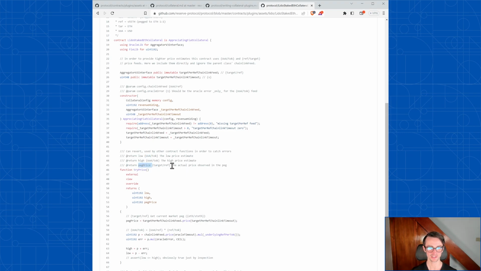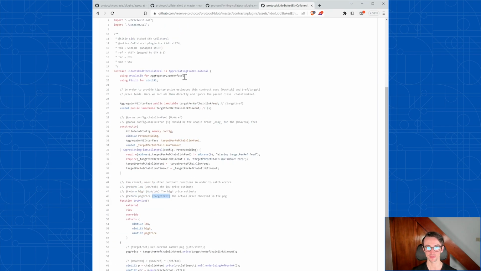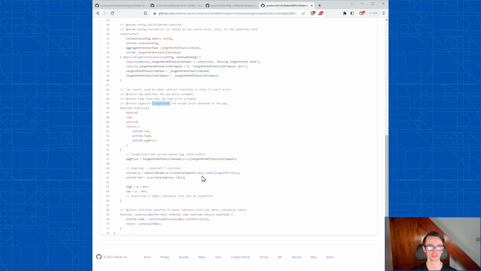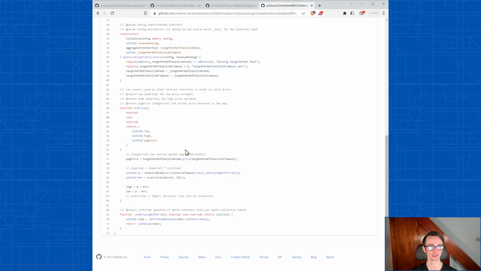Whereas this peg price is more like some exchange rate that's then going to go into some logic inside the refresh of a parent class, and it's going to check to see for default. Again, you don't need to worry about that kind of thing, though I do recommend following the inheritance tree all the way. But generally speaking, you should not be surprised if this is all you need to do to implement a collateral plugin. That is not too crazy. Now, I just want to show a harder case. Oh, I was going to talk about revenue hiding.